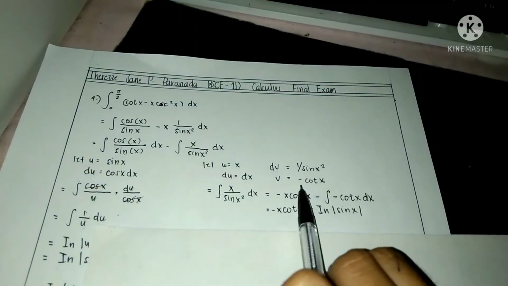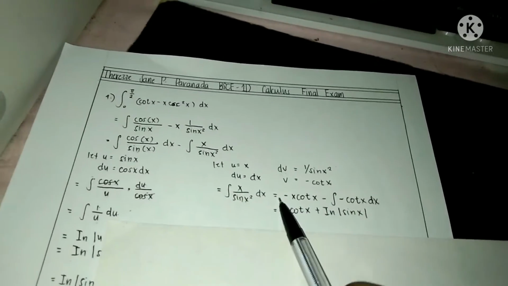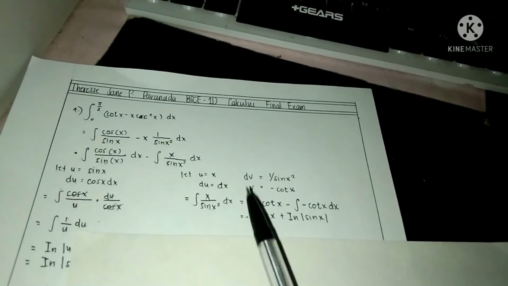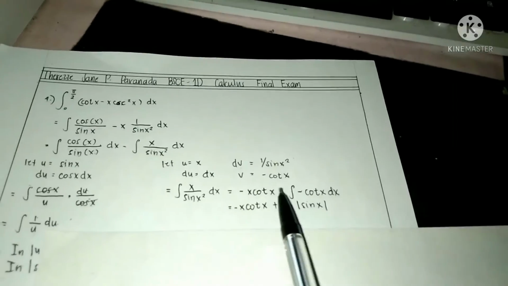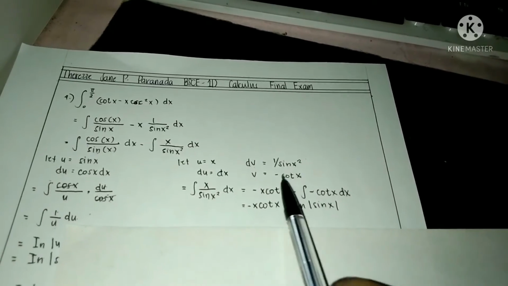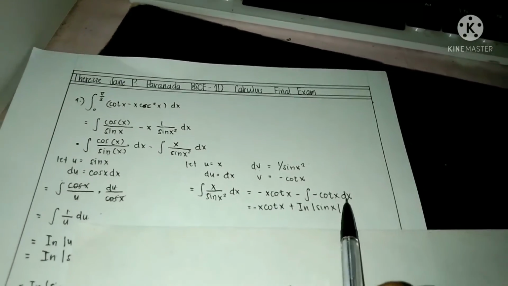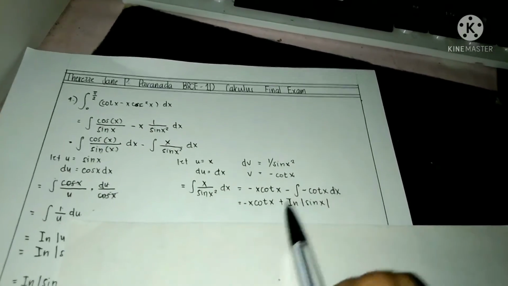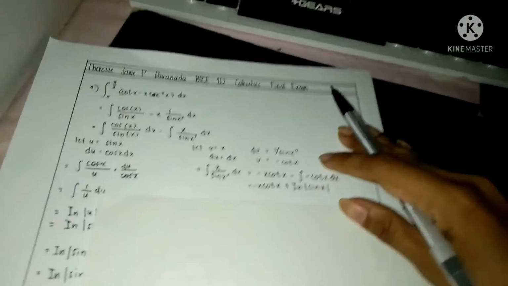At ang v natin ay negative cotangent x. So, the formula is uv minus the integral of v du. So, u times v is negative x cotangent x minus the integral of v negative cotangent x and du, which is dx. So, let us just integrate negative cotangent x dx, so it will become positive ln sine x.